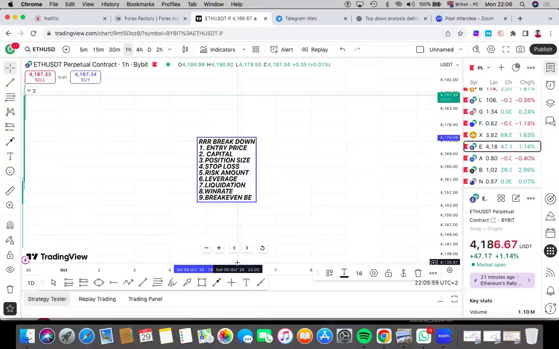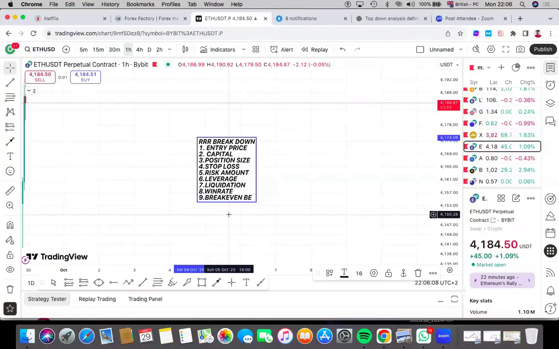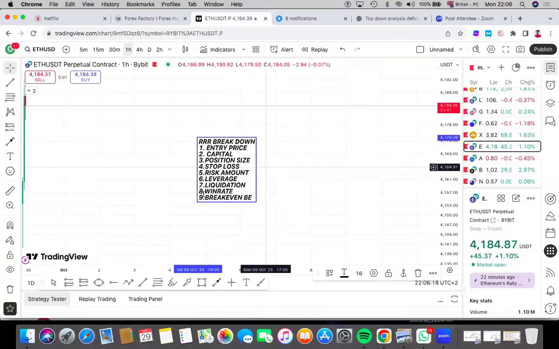So now you say, okay, I want to risk 10%, or for example, in dollar form $10. But now, since this position is going in my favor, I'll shift my stop loss now to my entry price, so as I'm having a risk-free position.